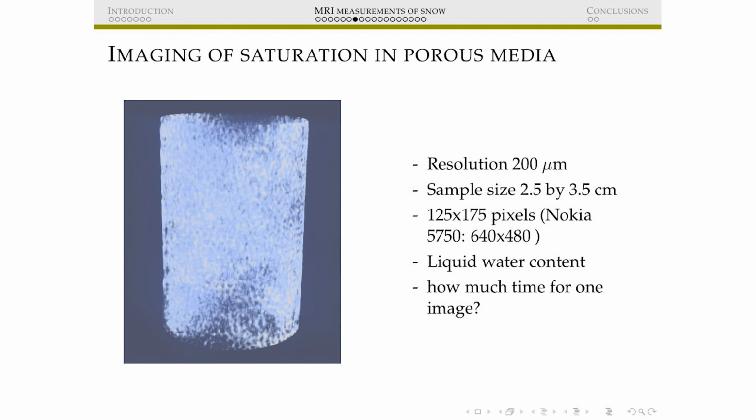This is the example of a 3-dimensional bead pack filled with a little bit of water. And I make an image of the resolution of 200 micron. Sample size is 2.5 by 3.5 centimeters. And I have 125 times 275 pixels, which is way less than the first Nokia image on your mobile phone.